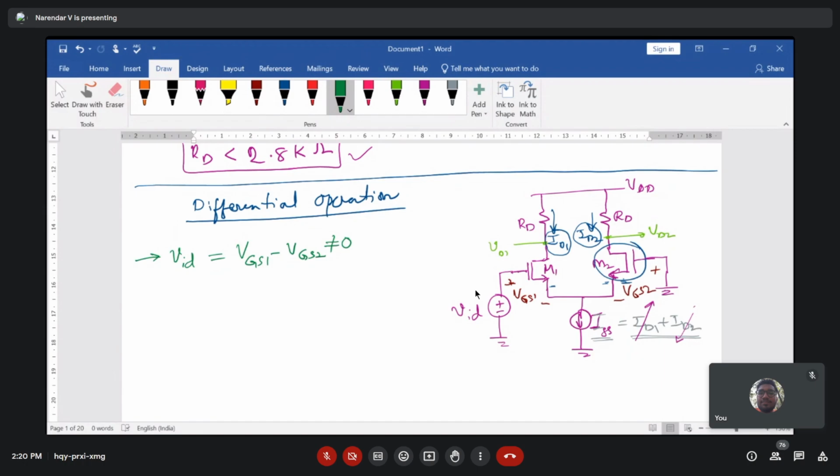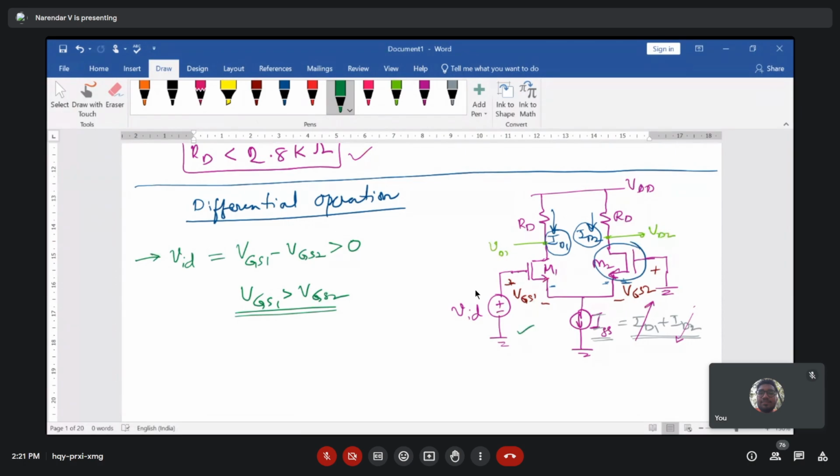We consider the situation for the diagram shown here, where VGS1 is greater than VGS2. It means this is not equal to 0; you can consider it greater than 0. Consider the case VGS1 greater than VGS2, because the connection shows this configuration.